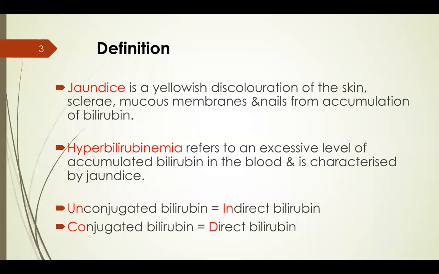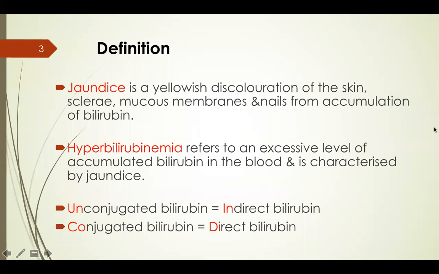But to manifest in humans, you need at least 5 milligram per deciliter. So jaundice can be divided into unconjugated and conjugated bilirubinemia.